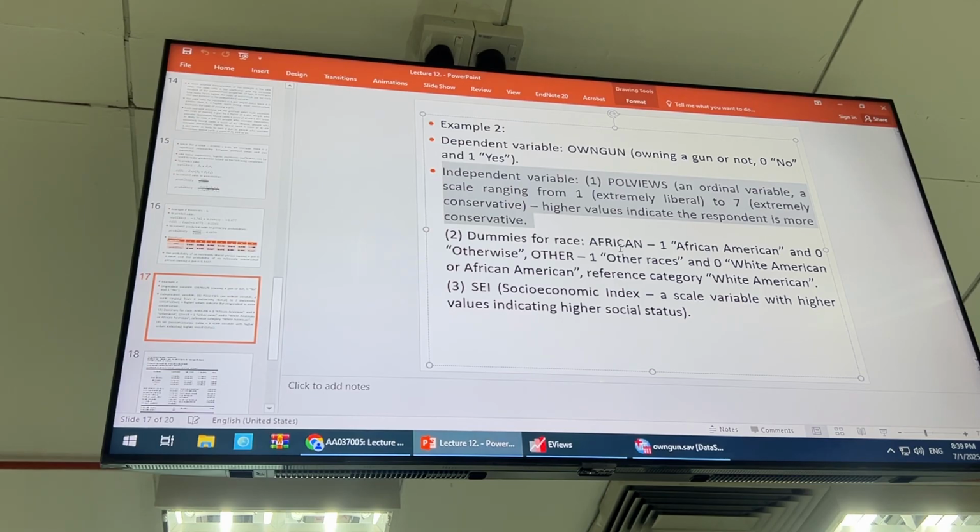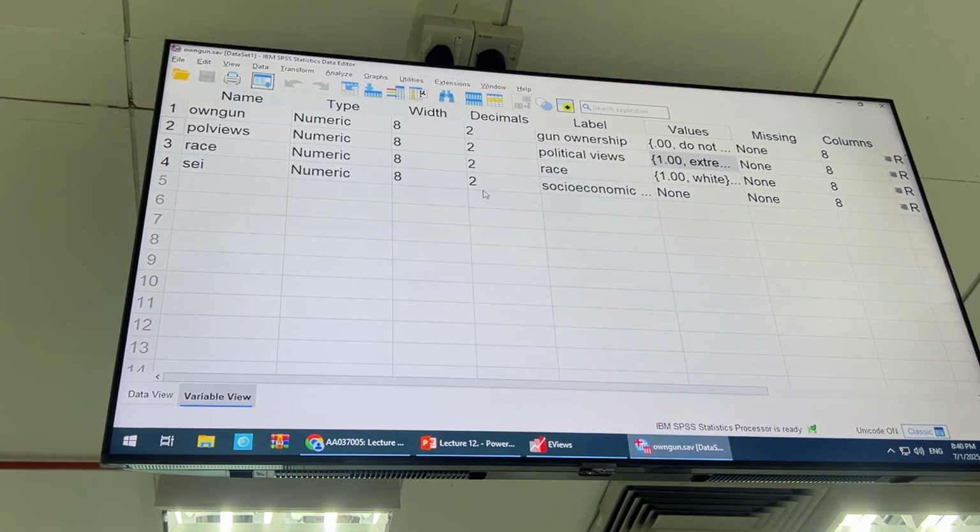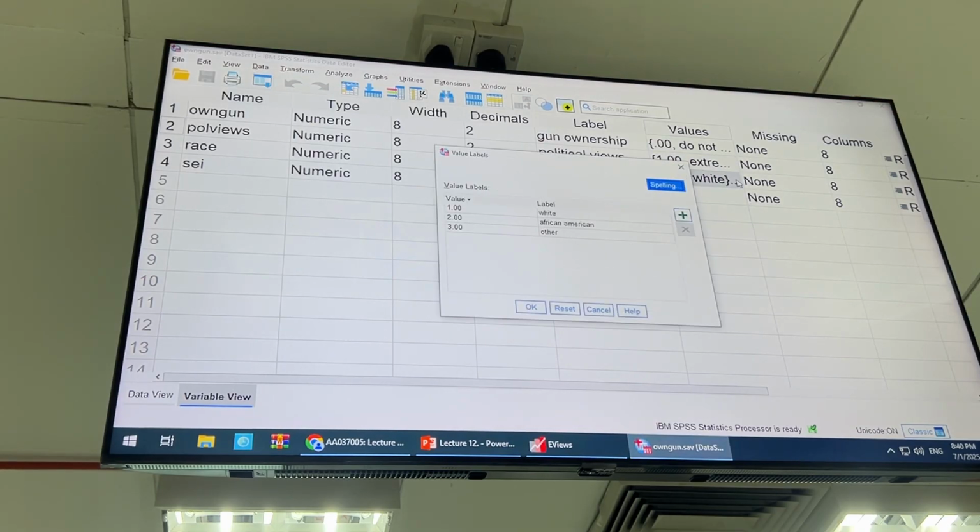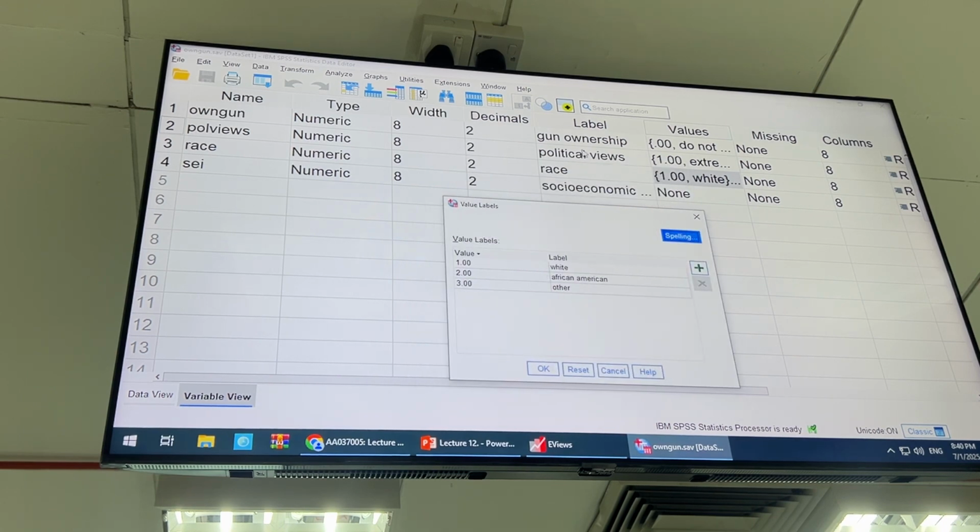But if you have a categorical variable like race, where we have 3 different categories, in SPSS, let's say you collect survey data, and there are 3 different races: white, African American, and other. You want to include this in your model in order to see whether the different races influence the probability of owning a gun. But you cannot directly include that variable.